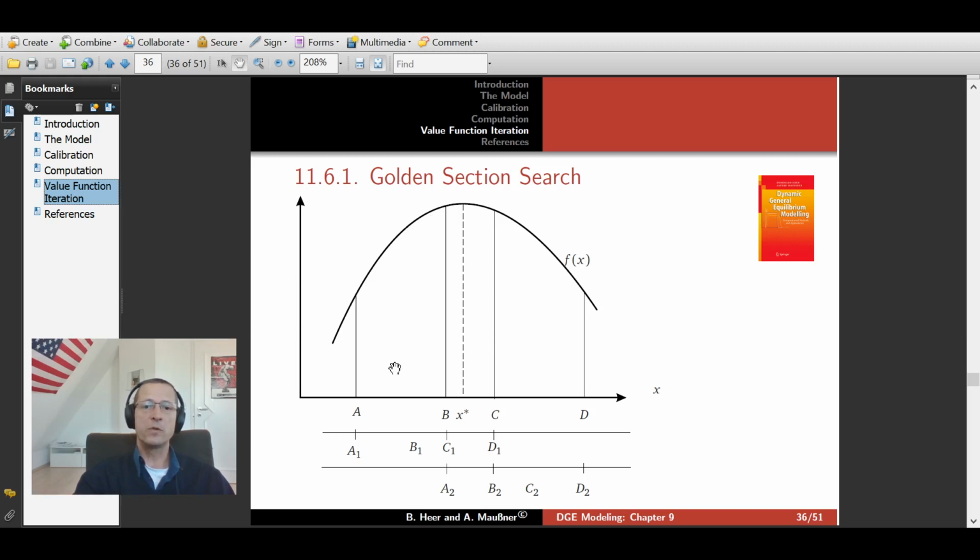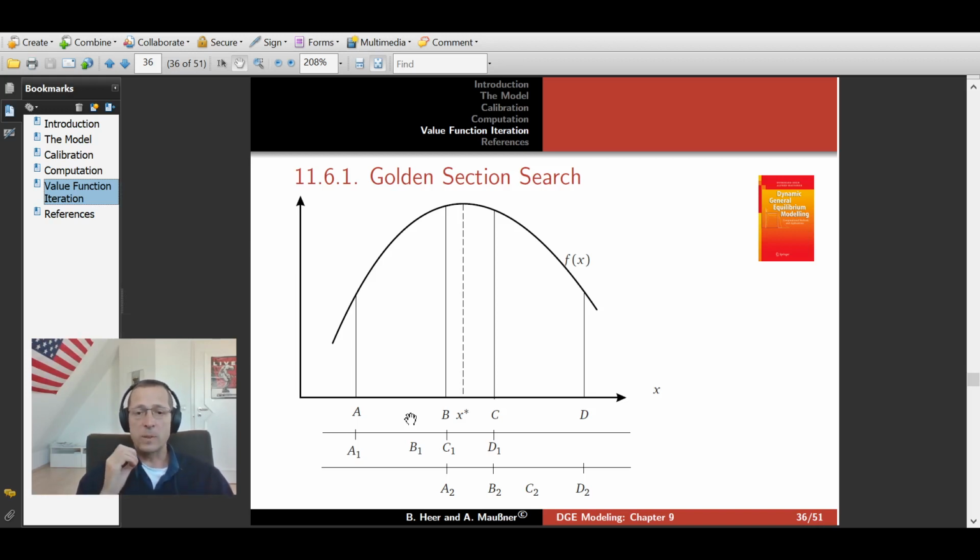If not, we use the interval b1, c1, and d1 as our next interval. Therefore, we shrink the interval around the maximum and always discard the right or left interval limit depending on where the larger value is located of the two inner points.